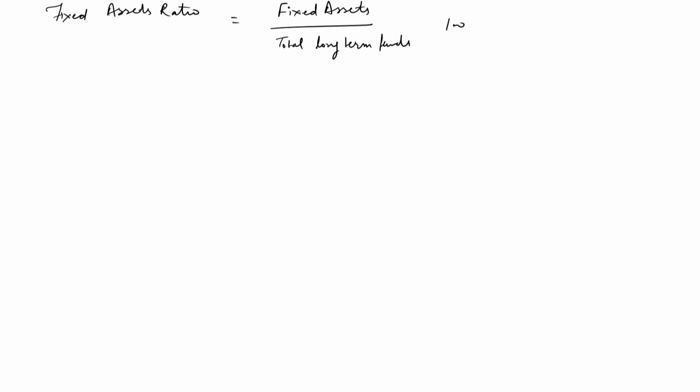So the total fixed assets in the question is 10 lakh. Total long-term funds means shareholders' fund plus long-term loans, which comes to rupees 16 lakh 50,000, and it falls around 60.6%.